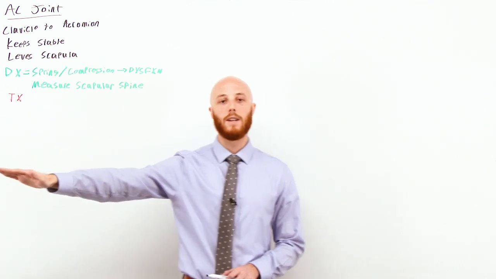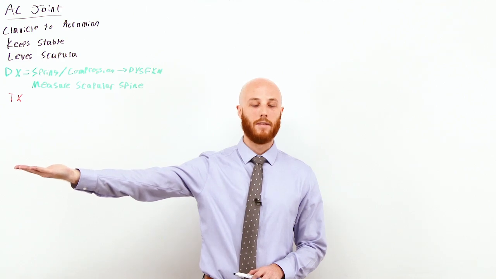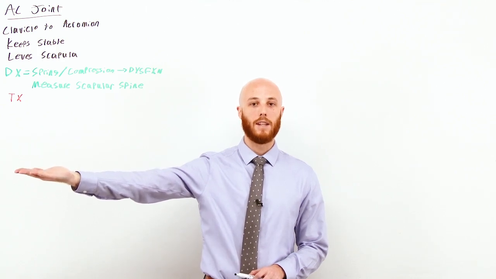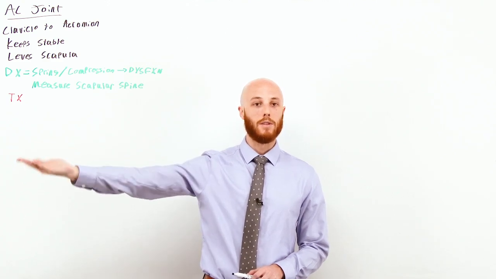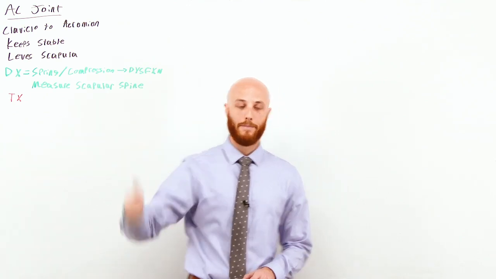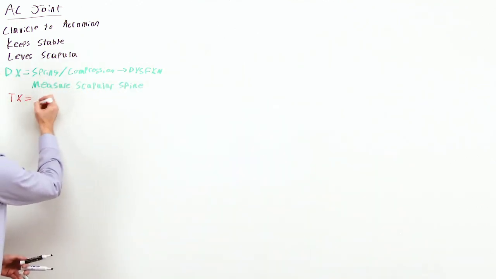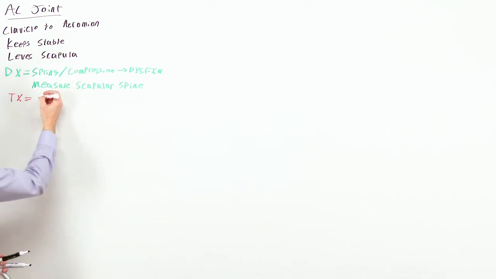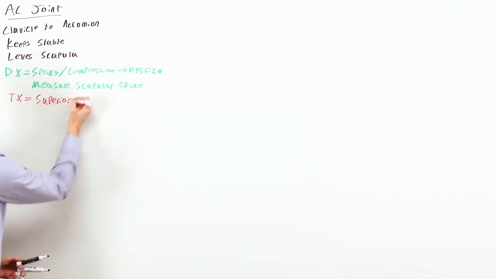The treatment difference is all about where the hand is. If it's a superior dysfunction, you have the patient supinate their hand. If it's an inferior dysfunction, you have the patient pronate their hand. So you can remember superior, supinate, or if the scapula is elevated, you put the palm up. So to write that out, we have superior dysfunction.